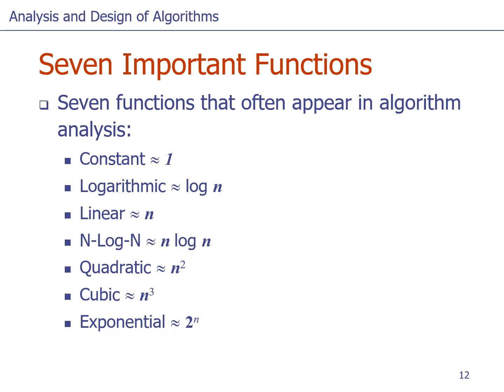It could be 30n. But n is quite different from n log n, and quite different from log n, and quite different from n squared, and 2 to the n is quite different from n cubed. So each one of those is a family of a huge number of curves that you might see when you analyze.